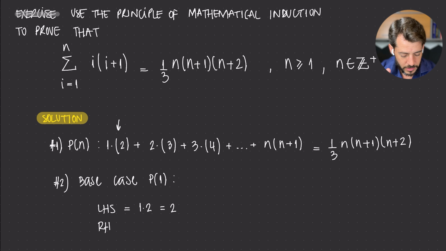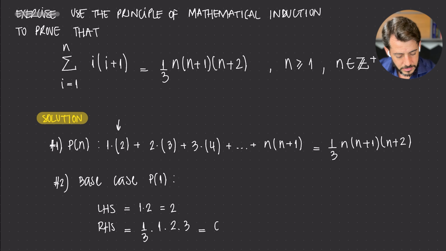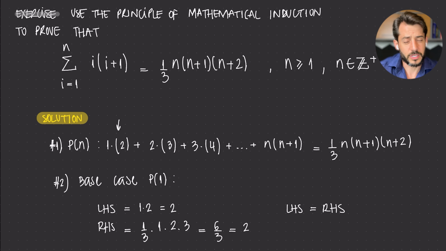And on the right-hand side, substituting n equals 1, we have 1/3 times 1 times (1 plus 1) times (1 plus 2). That means 6/3, aka 2. Given that LHS equals RHS, the base case holds.